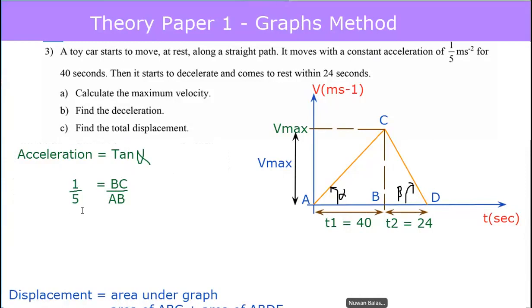So 1/5 equals BC, which is Vmax. Can somebody tell me what AB is, Lamai? 40, sir. AB is 40, yes. Can you find Vmax from this and send your answer to my Zoom chat?